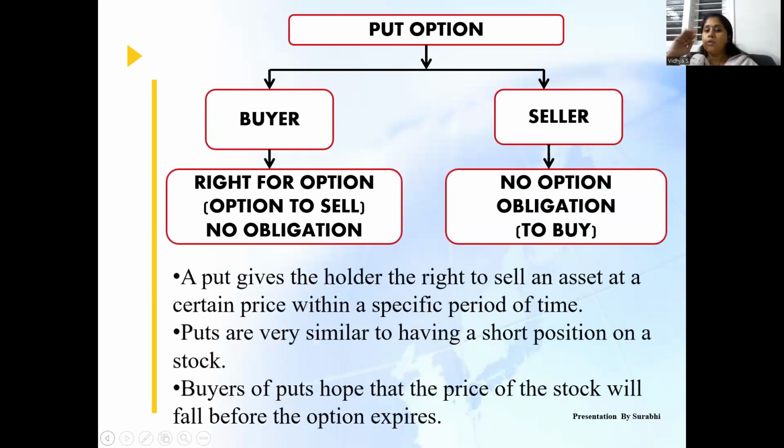So a put option gives the holder the right to sell an asset at a certain price within a specific period of time. It's almost the same. You have the right to sell your property within the given period of time. Puts are similar to having a short position on a stock. Buyers of puts hope that the price of the stock will fall before the option expires.